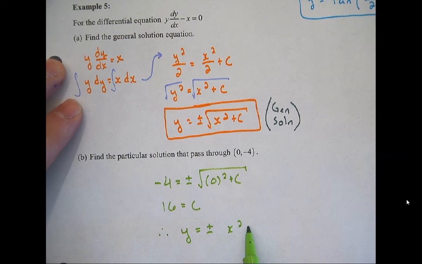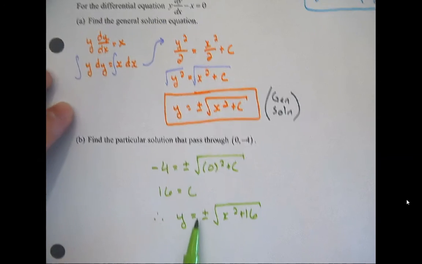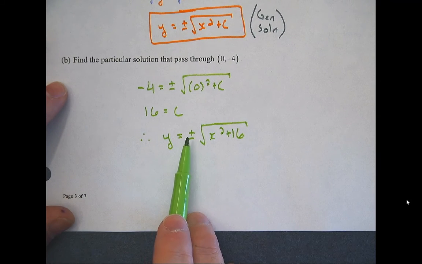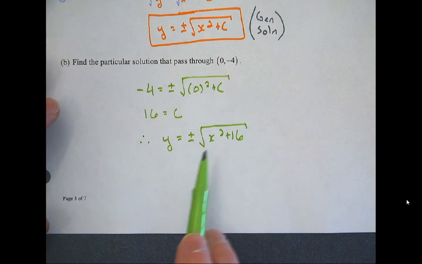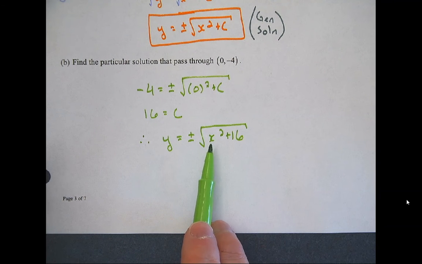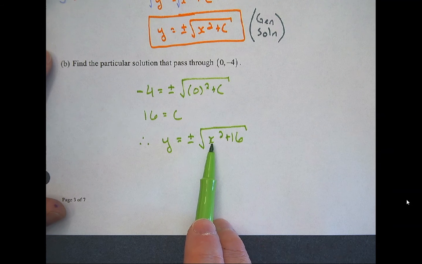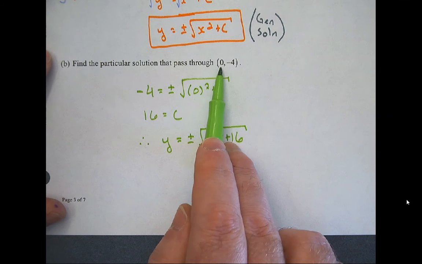so now I have y equals plus or minus the square root of x squared plus 16. And I have to make sure, look, this is not a particular solution yet because I don't know which one of these I have to select. So what you want to do now is you want to plug in and see which one works. So let's say I put -4 in there. No, my bad.